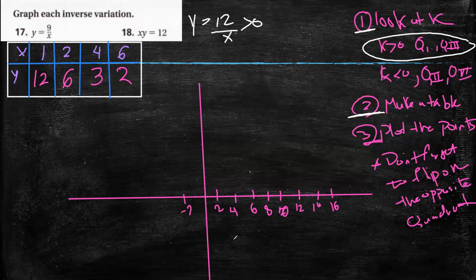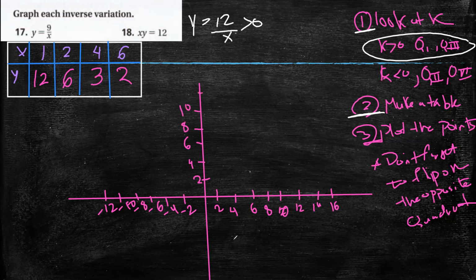And here we have negative 2, negative 4, negative 6, negative 8, negative 10, and negative 12. Here we have 2, 4, 6, 8, 10, and 12. And here we have negative 2, negative 4, negative 6, negative 8, negative 10, and negative 12.